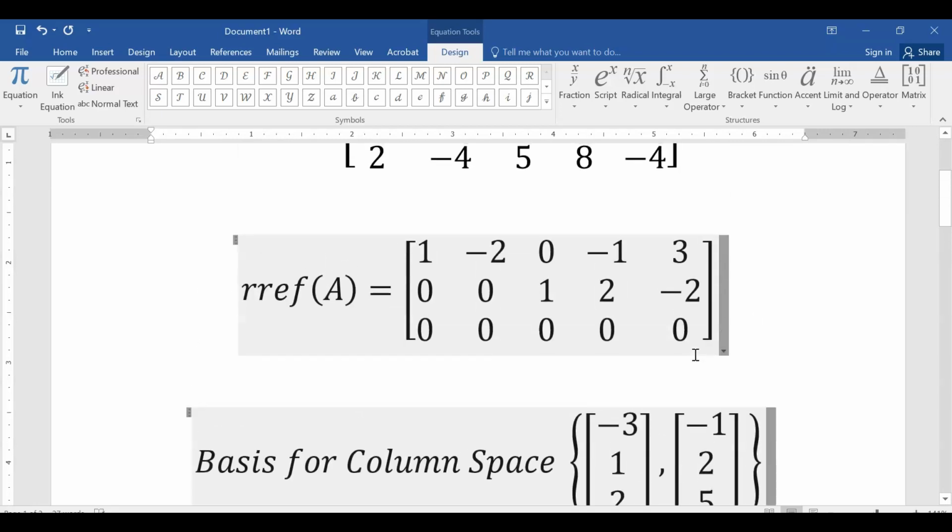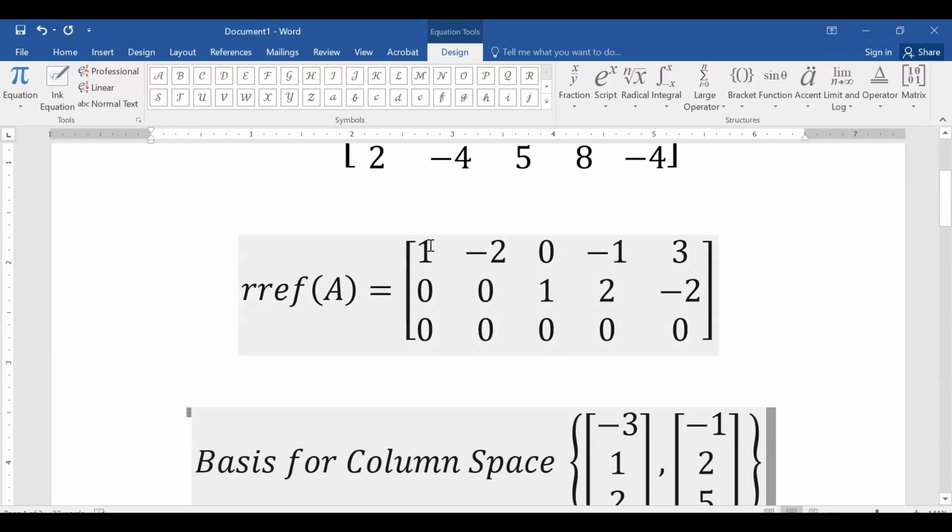Now for the null space, I'm also going to be looking at the reduced echelon form of A, and I'm going to ask, what vectors can I multiply and get out 0? Think of this in terms of an augmented matrix where I just left off the 0 column on the right.